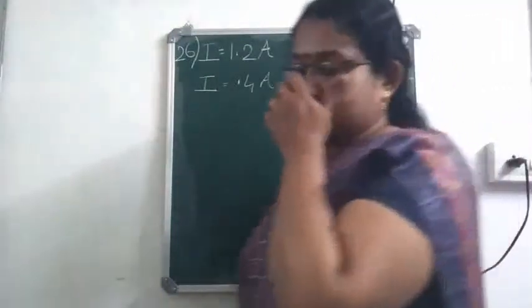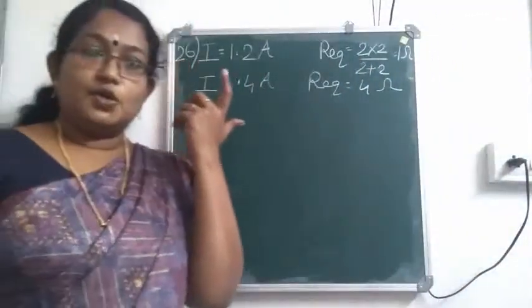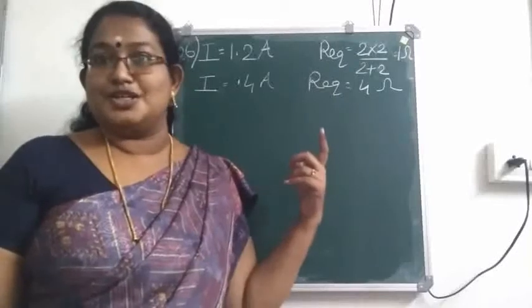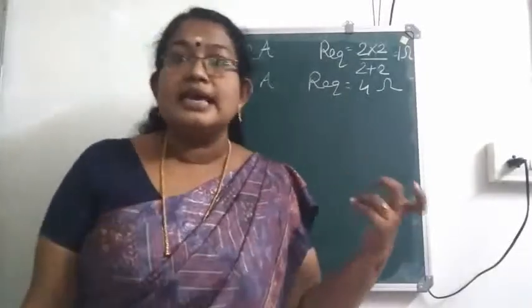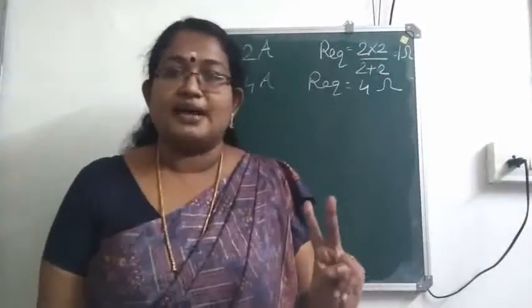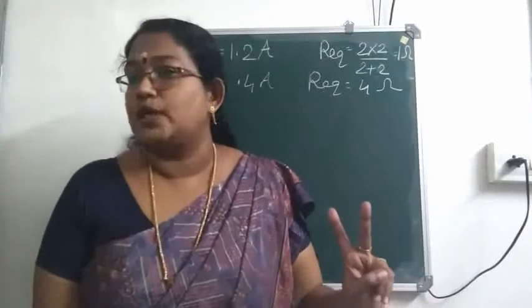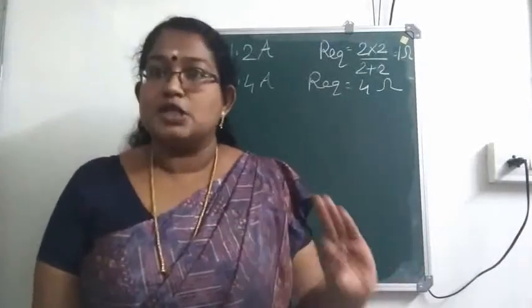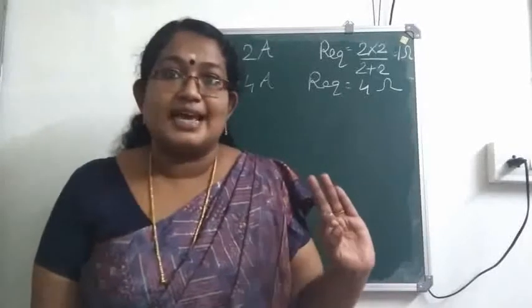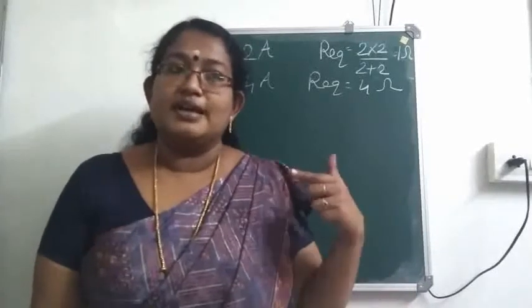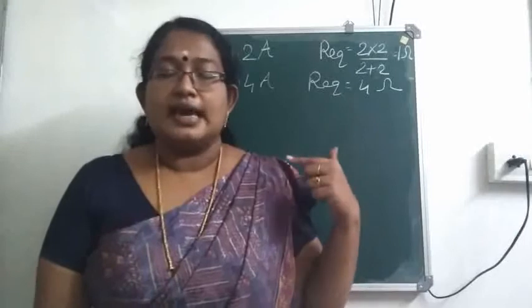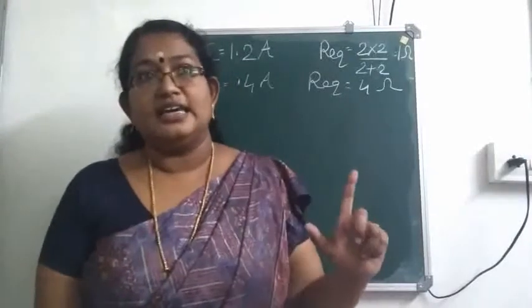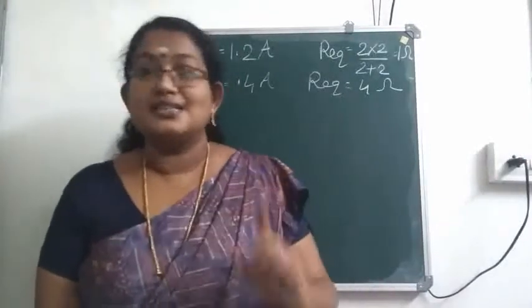So, in the last video we have done a similar question to calculate EMF and internal resistance. Both the factors are not given. So, do you remember what we did? The EMF of a cell will be a constant. For EMF, we have the equation epsilon is equal to I into external resistance plus internal resistance.